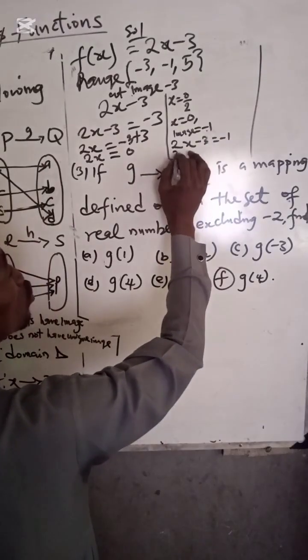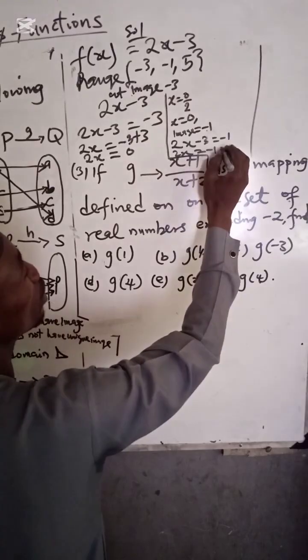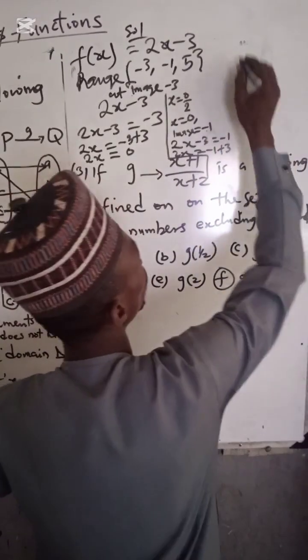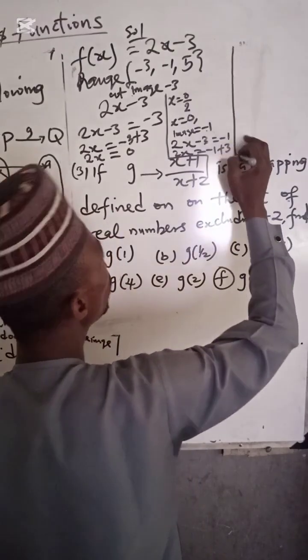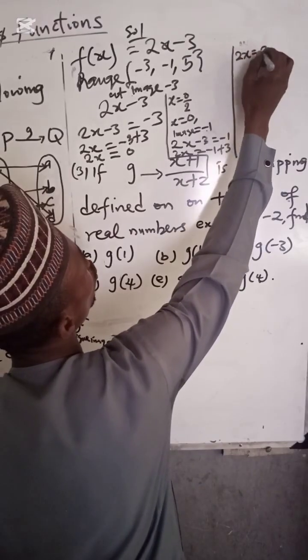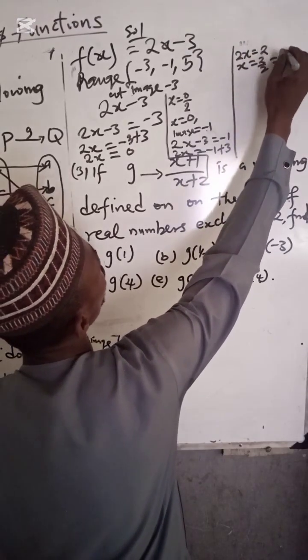Now we have 2x equals minus 1 plus 3. So minus 1 plus 3 gives you 2. So x equals 2 over 2, which is 1.